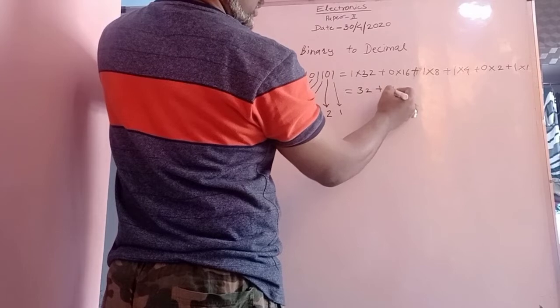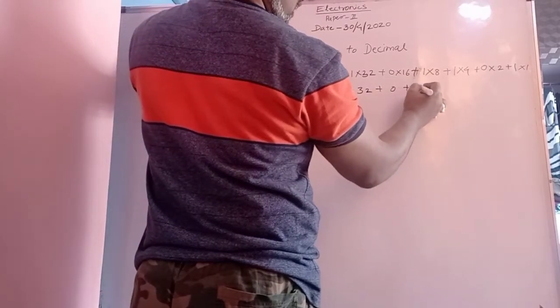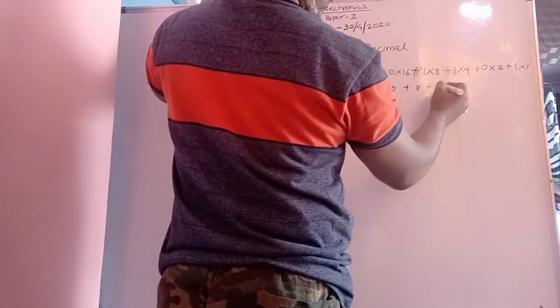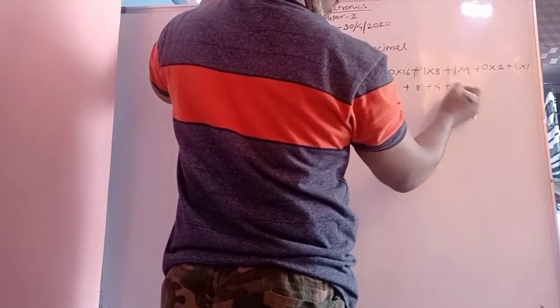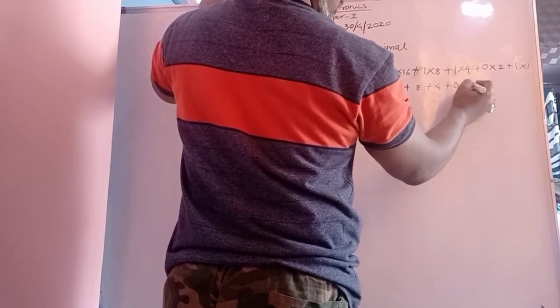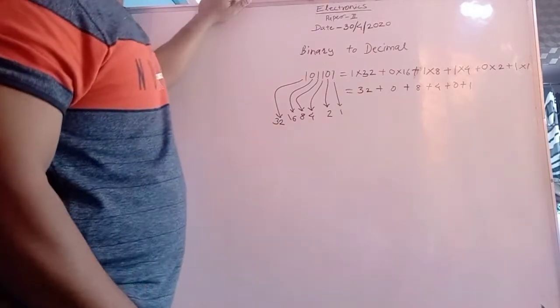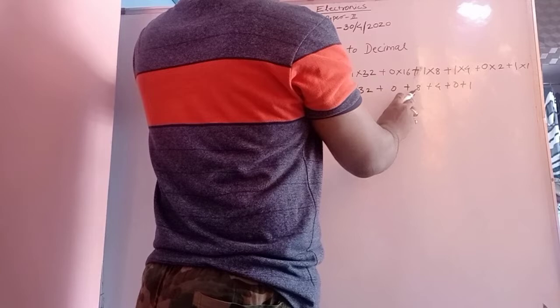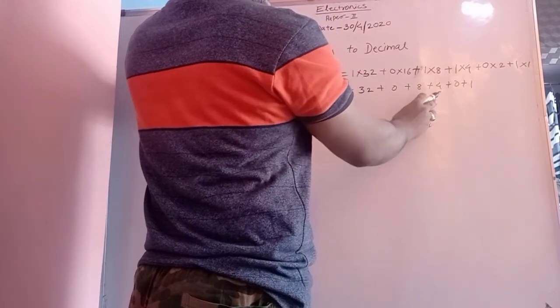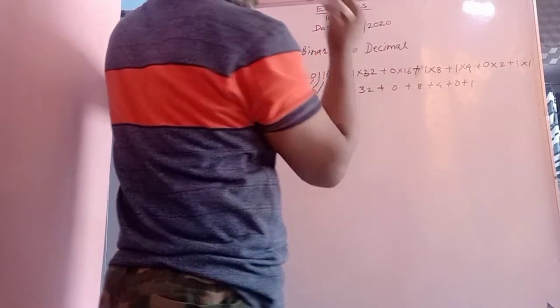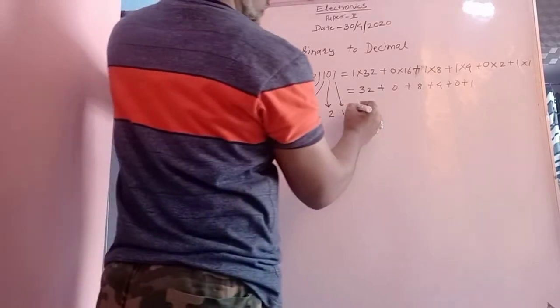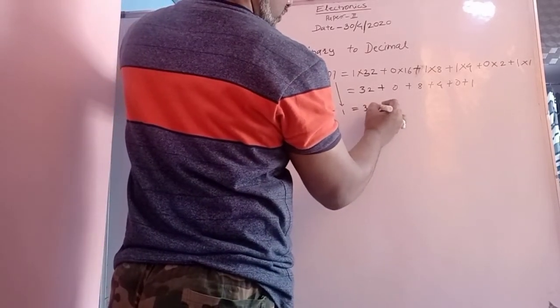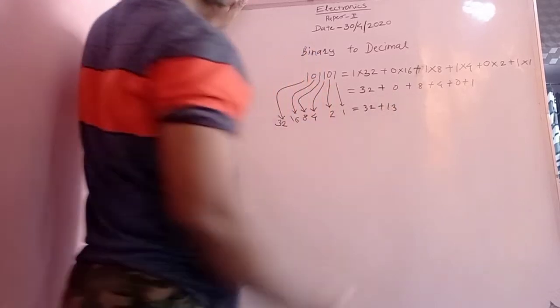Okay, then add after multiplying: 32, then plus 0 plus 8 plus 4 plus 0 plus 1. Then it becomes 8 plus 1 is 9, 9 plus 4 is 13, 13 plus 32. So it becomes 32 plus 13.